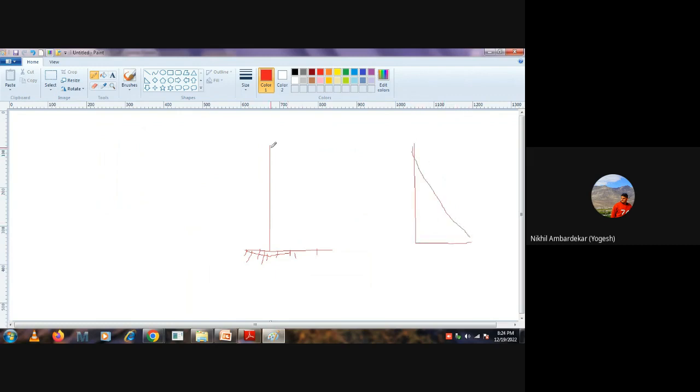This is free, so obviously there will not be moment. And at base it will be subjected to the negative moment. So what will be the pattern? I'm just trying to generalize things. This will be negative, this will be positive.